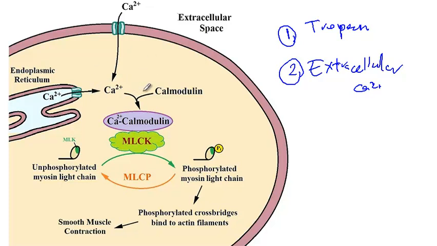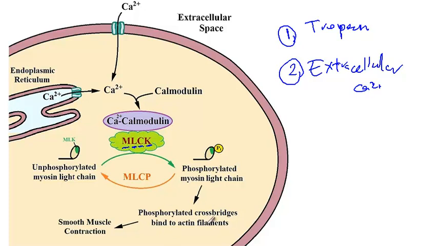Once calcium concentration increases in the cytoplasm of smooth muscles, calcium binds to calmodulin to form a complex that will now activate the myosin light chain kinase. The job of the kinase enzyme is to phosphorylate myosin fibers. So now a myosin fiber will become phosphorylated, and this phosphorylated chain can cross-link to the actin filament.